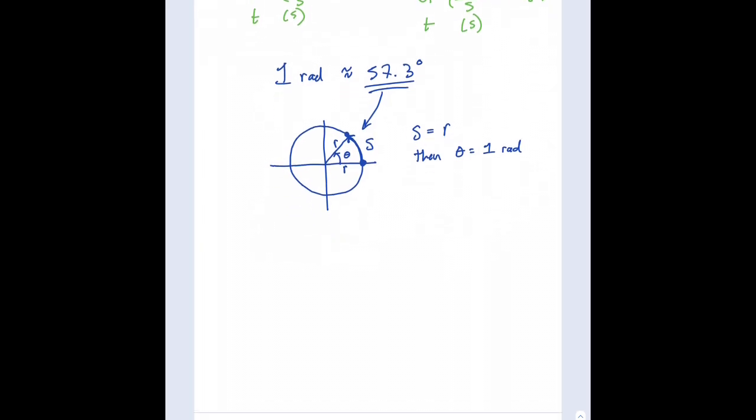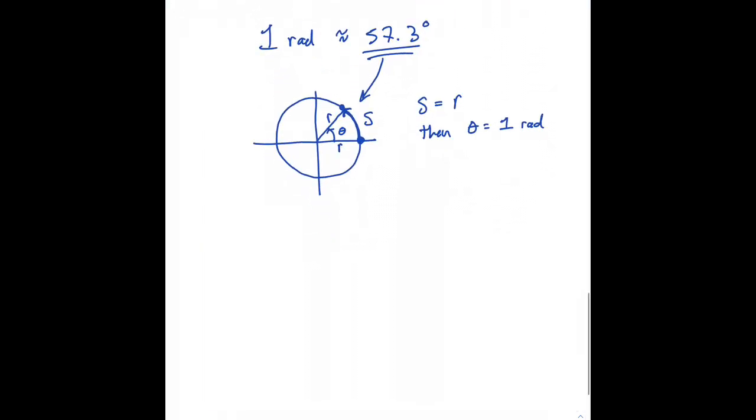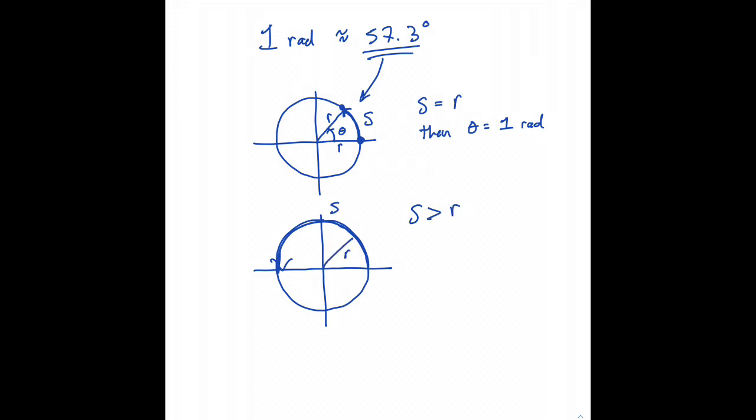Let's compare two values we know. If an object were to rotate farther along the perimeter of the circle so that it gets to the opposite side, then s is definitely greater than r, right? The path length is much more than the radius. In fact, how much greater is it? It's about 314% greater.